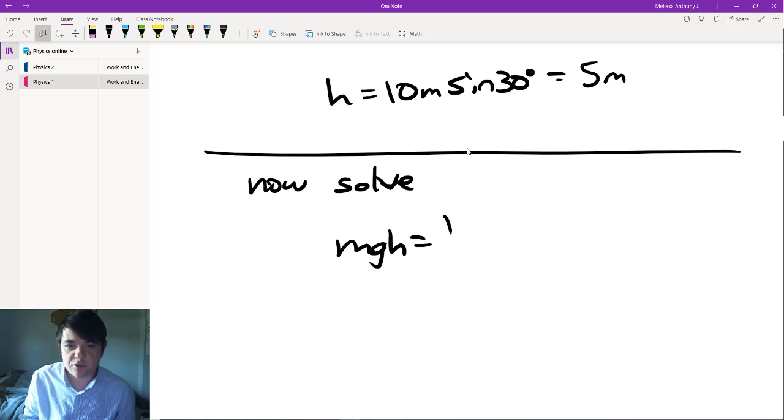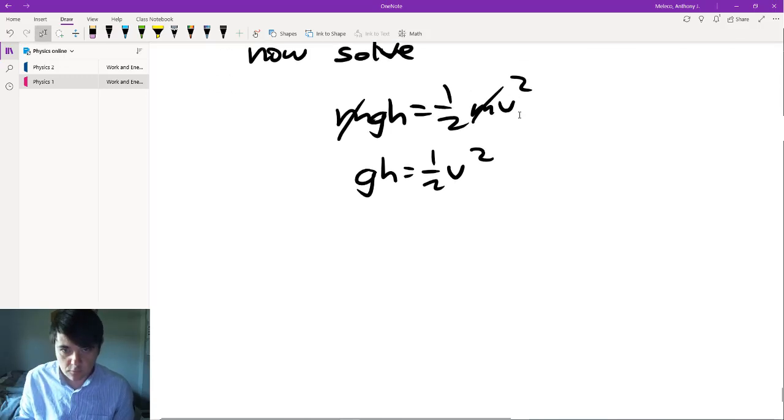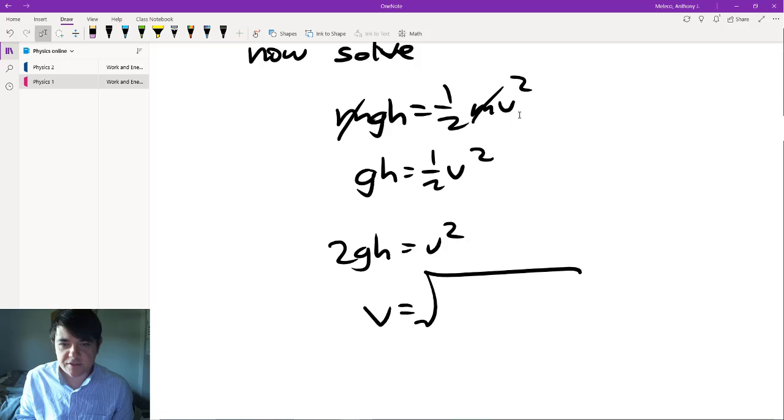So mgh equals 1/2 mv squared. We're solving for v. What was their speed at the bottom? So v equals the square root of 2gh.